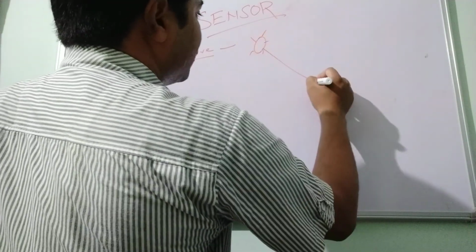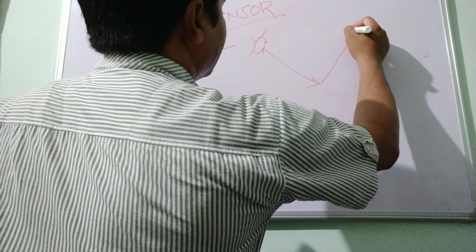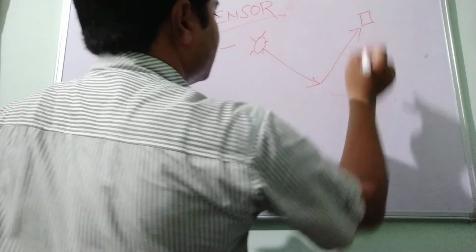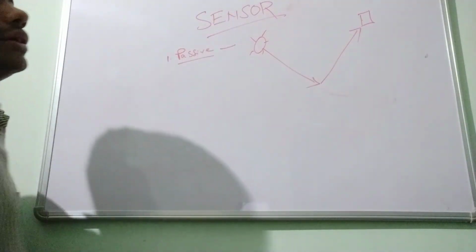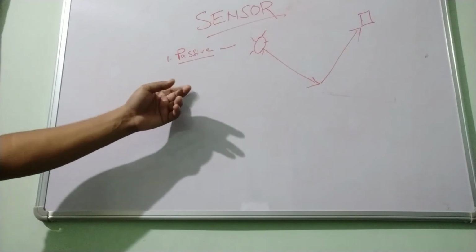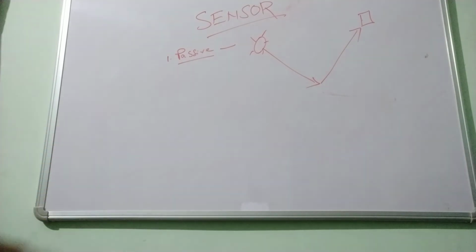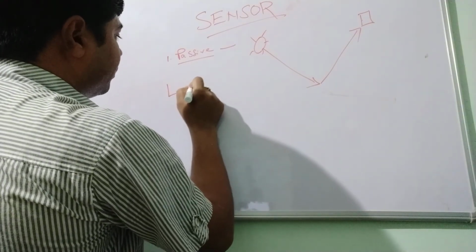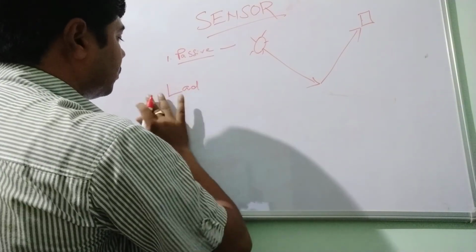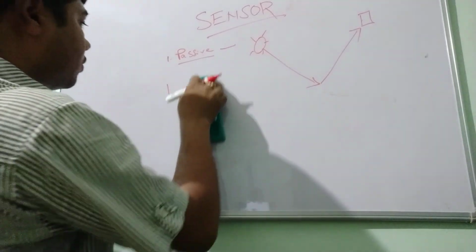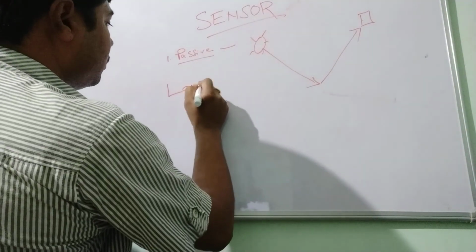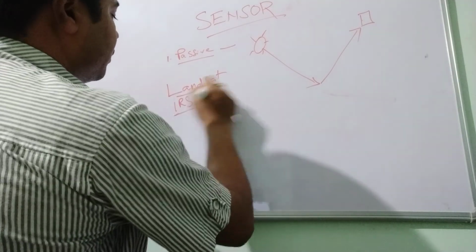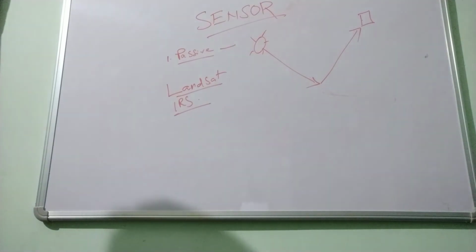It comes to the Earth's surface and is reflected back to the upper atmosphere where the sensor is mounted, so the sensor records the energy. This is known as the passive remote sensor. For example, Landsat data, and in India, IRS remote sensing. These are examples of the passive sensor.